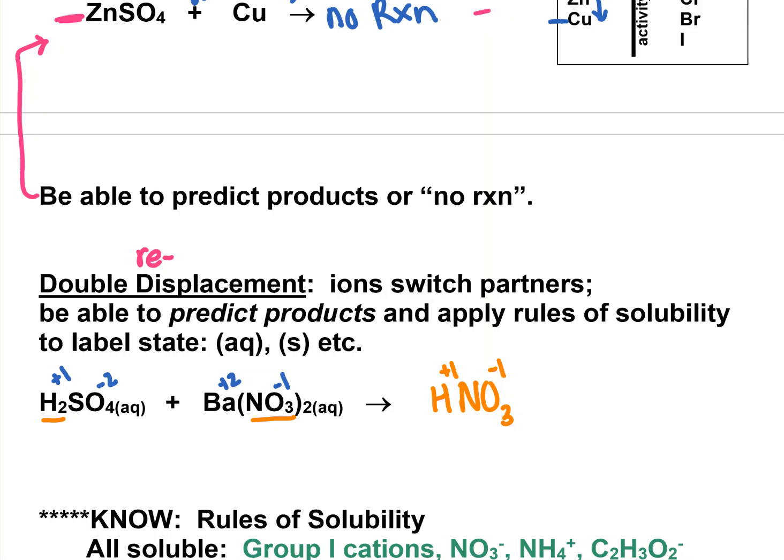But anyway, it's good. And then I can see that my barium will go with my sulfate. And that is a good formula. Positive one always first, then negative one. Then we might want to balance this.